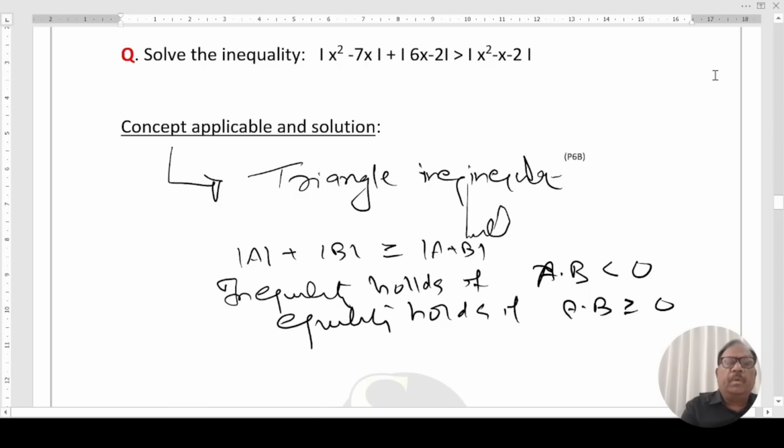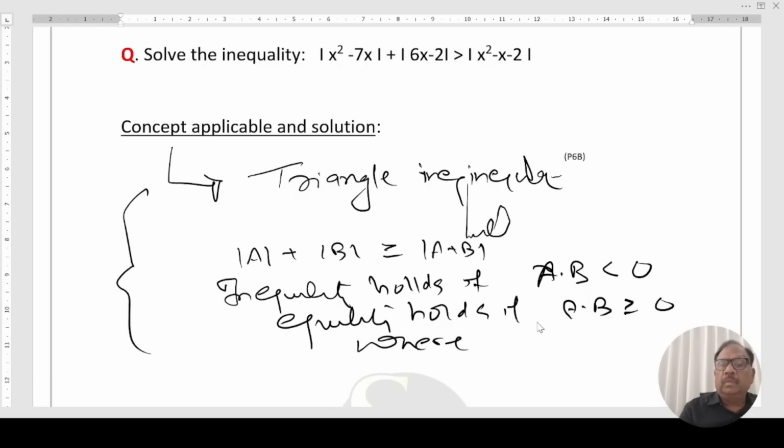This concept will be applicable where A, B belong to real numbers.